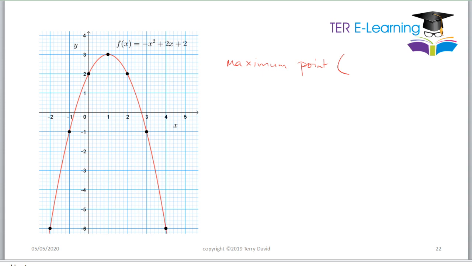Alright, so I'll wait to get some more answers. I've seen 1, 3. So all we're doing here is looking at the maximum point on the graph and just reading off the coordinate. That's all we're doing. Just easy marks in the exam.